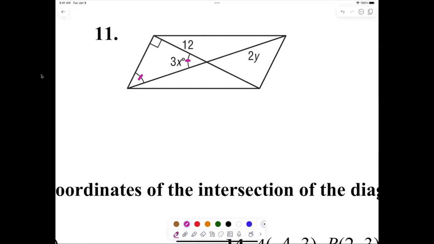They do in fact both add up to 90, and because they're congruent, they both have to be 45. So X is what? X equals 15, perfect. So that makes this what? 45 degrees.